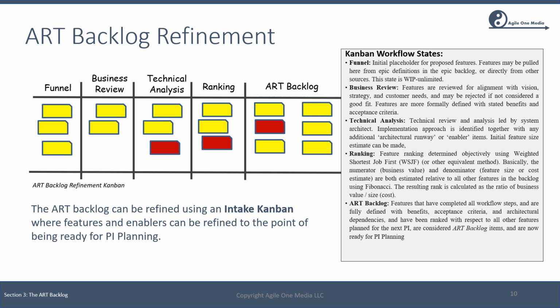What are the implications for storage capacity and database performance? And then once all that is done, we want to rank this feature relative to all other features on the ART backlog, and we'll be explaining that in a minute. And then finally, once we've got all of that done, the feature is now considered ready for PI planning, and we then get the next feature done.